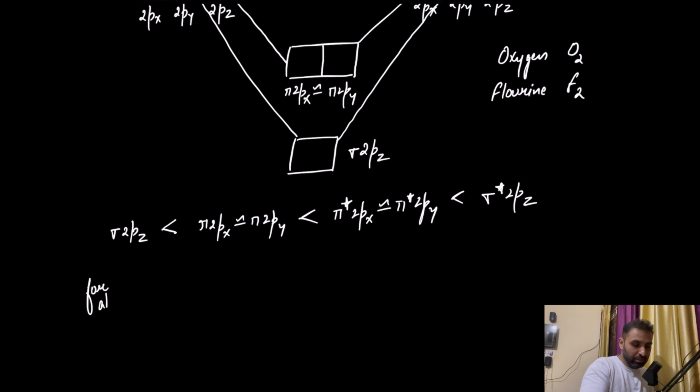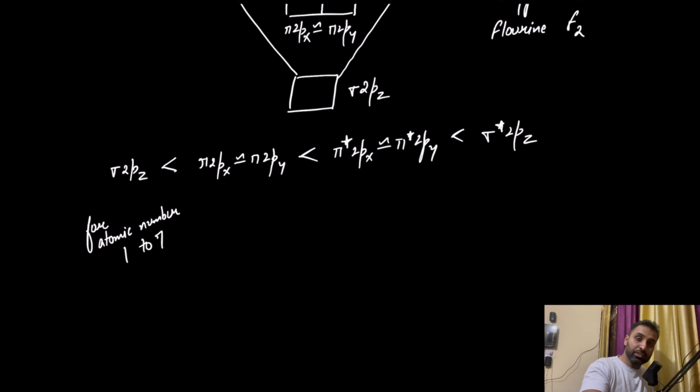For atomic numbers 1 to 7, the energy order will be, sorry, pi 2px and pi 2py will have the lowest energy.